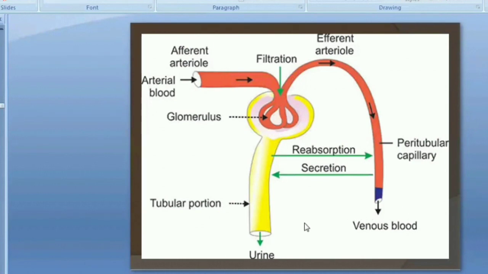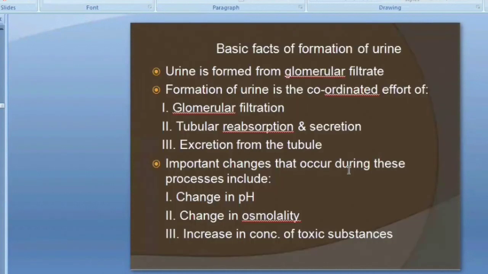Okay. Now let us come to the next point, basic facts. Some basic facts you must know about urine formation. Number one, urine is formed from glomerular filtrate. This is the fact.